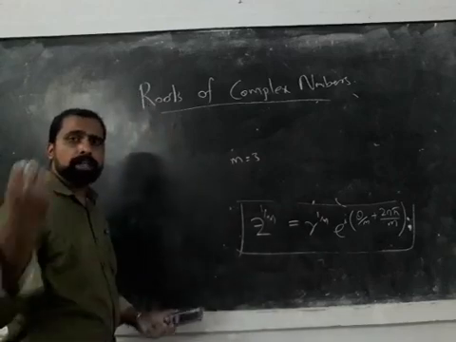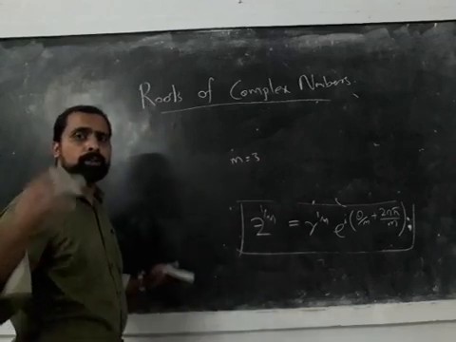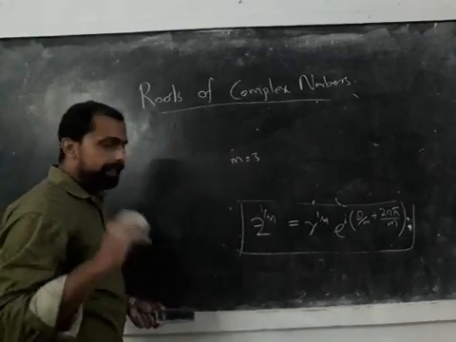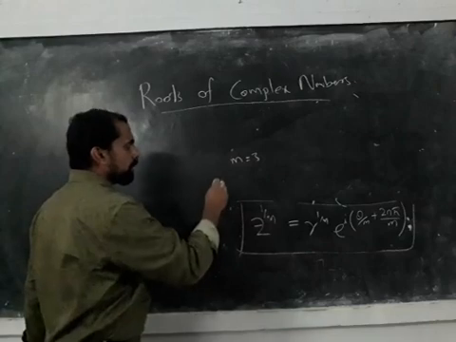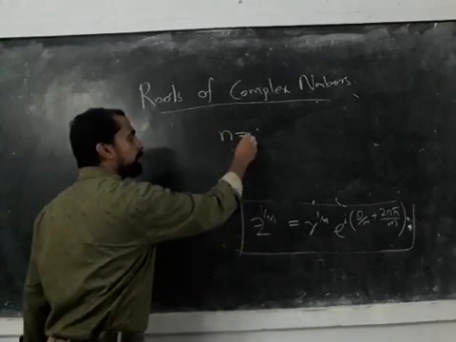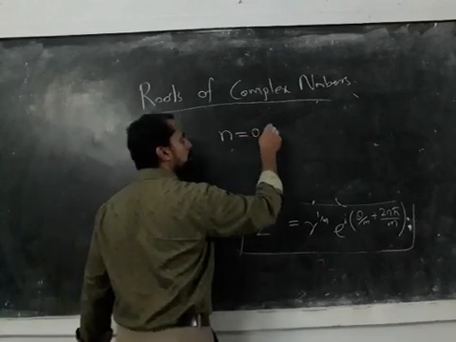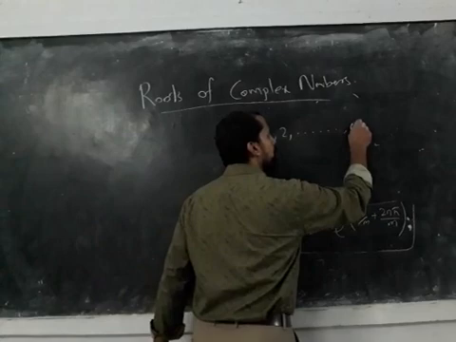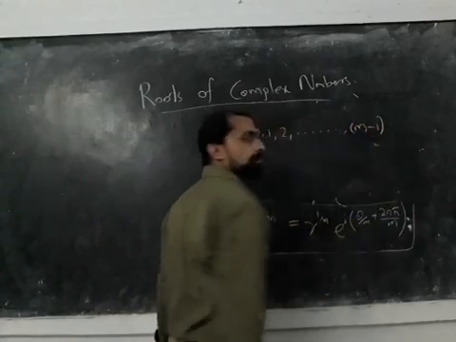So how many distinct roots are available, that you have to check. In general, for a particular value of m, you can take n equal to 0, 1, 2, etc. up to m minus 1.